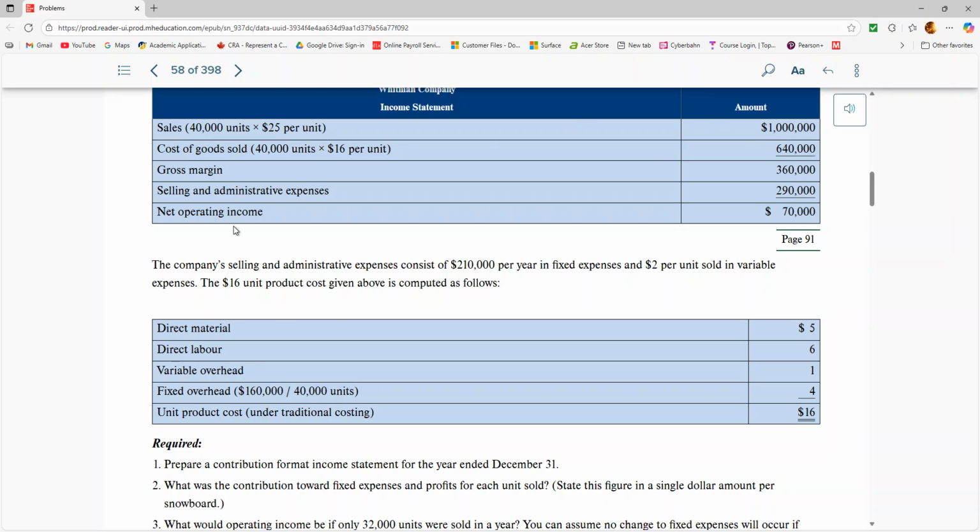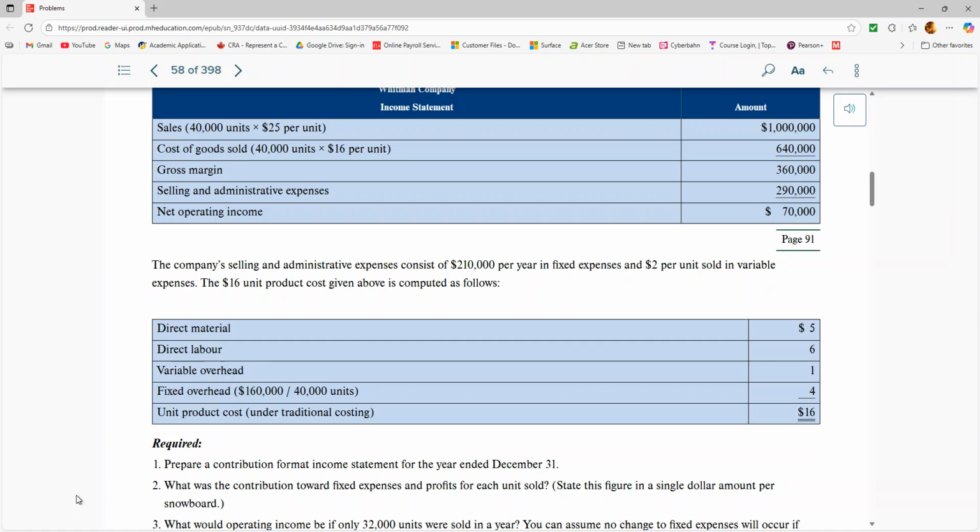So next question is the 640,000. Then they say that the $16 per unit given above is computed as follows. Direct material $5 per unit. Direct labor is $6 per unit. The variable overhead. You know that when you look at the cost of goods sold or cost of goods manufactured, it consists of three things: direct material, direct labor, and manufacturing overhead.